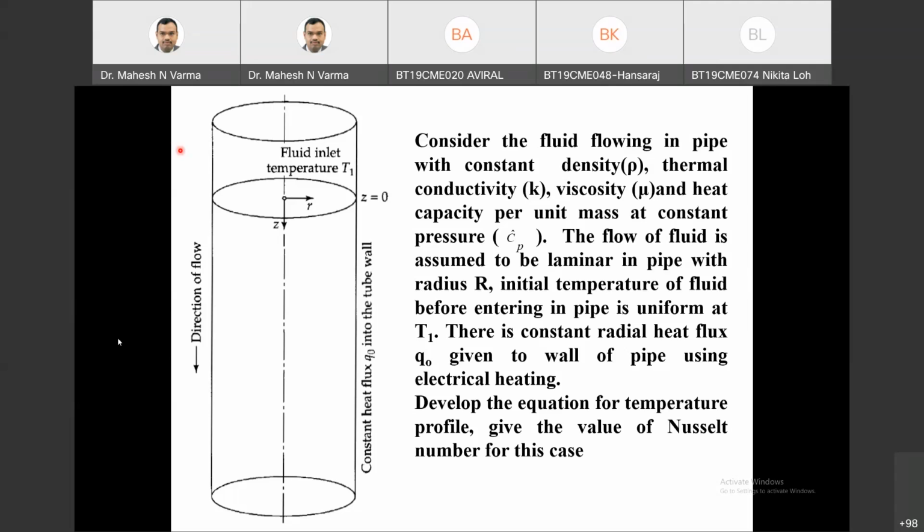Nobody in the class? Who is having the highest CGPA? Roll number 88. Yes, sir. Roll number 88 is there in the class? Who is having the highest CGPA?